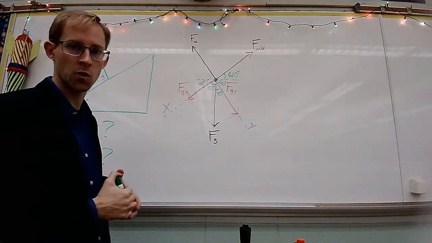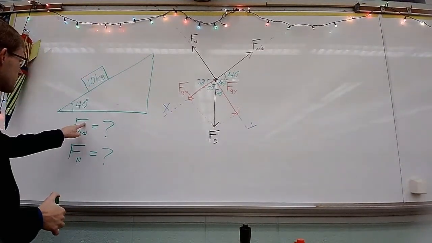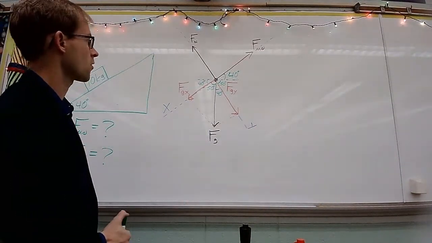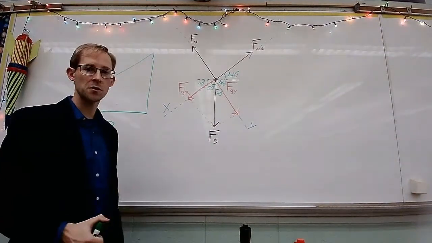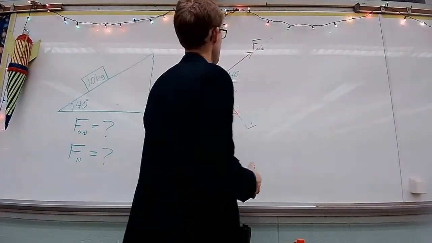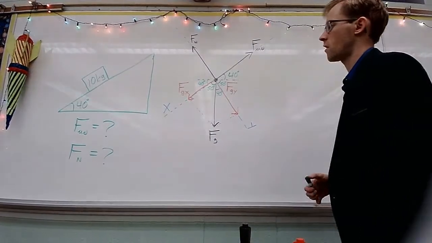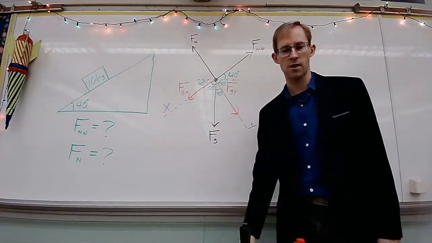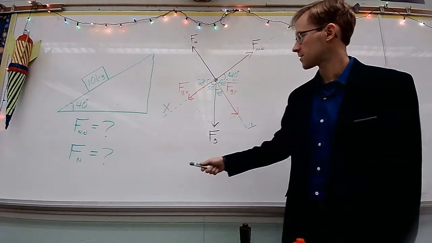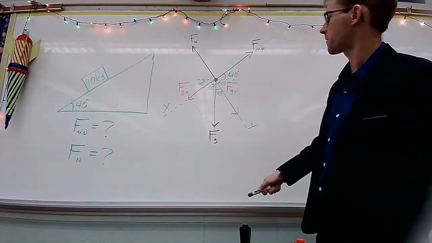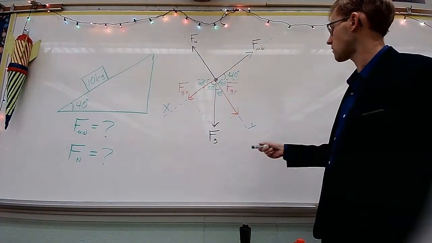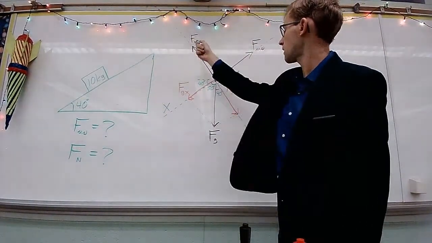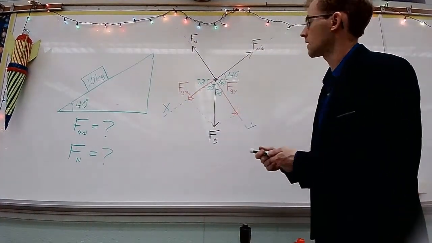So, if we are going to continue here, what we have to do now is create a force equation, because we're looking for force of static friction and we're looking for normal force. So now we've got to deal with both of those directions. Let's go ahead and solve for normal force first, because that's what we've been doing this whole time anyway. A normal force is a force that's acting in the y direction. So let's take a look at the forces that are acting in that line.